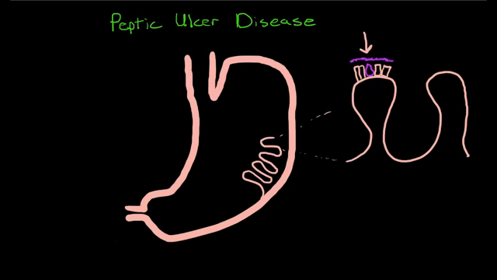Now, this mucus has a few major components. Obviously, it has water in it, but it also has a lot of mucin, as is typical of mucus. But then it has a special ingredient that's unique to the stomach, and that is gastric surfactant.